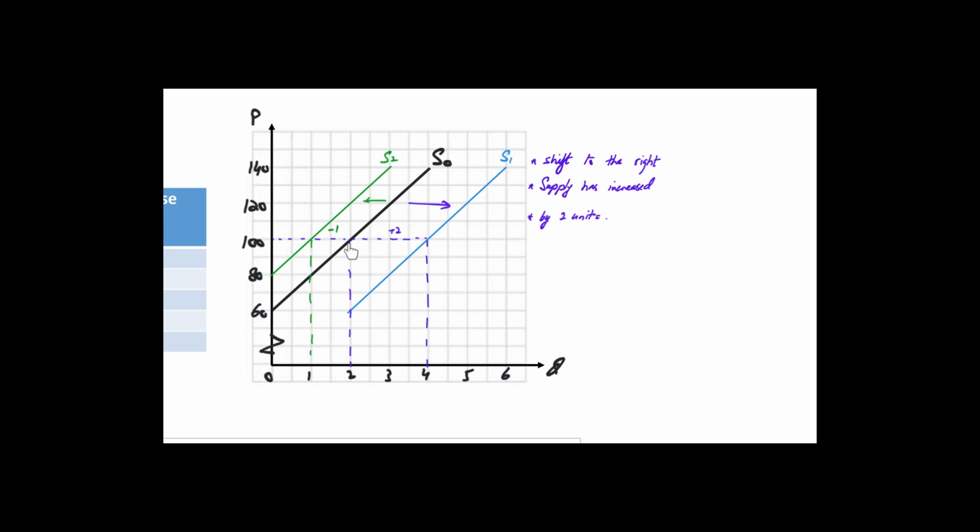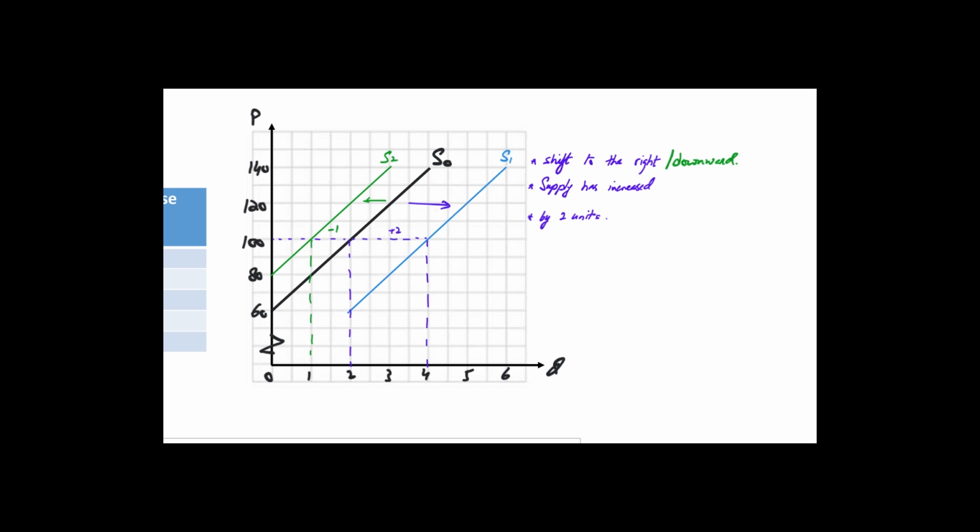Now, because of cost of production going down, you are able to produce the same at lower price. So, you can actually say when the supply curve increases, it shifts to the right or it shifts downwards. They both mean the same thing.